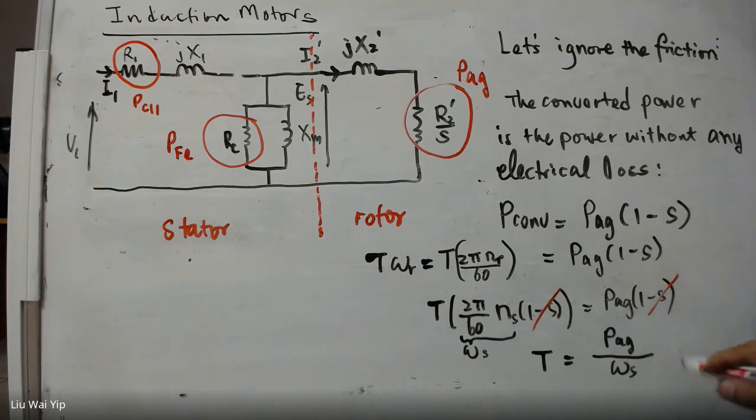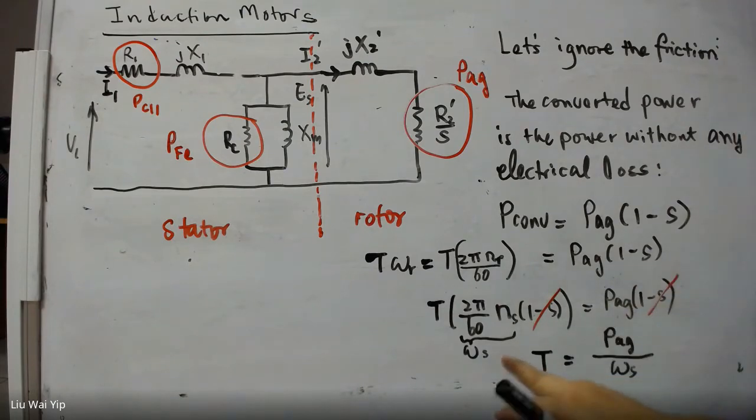The only thing that is variable is the air gap power, which depends on the slip. So there must be a slip that gives rise to the maximum air gap power.